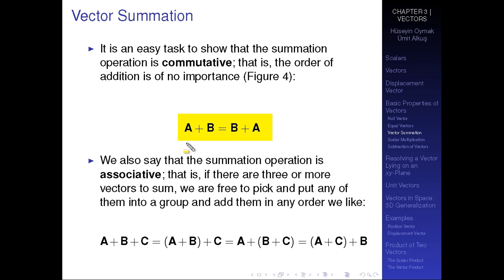If three or more vectors, say A, B, C, are involved in a vector summation, it is allowed to sum first A and B, and then sum the resultant vector A plus B and C. Okay, in the following slide, these four cases will be demonstrated geometrically.